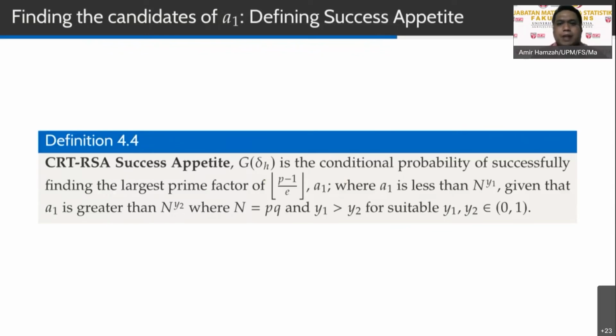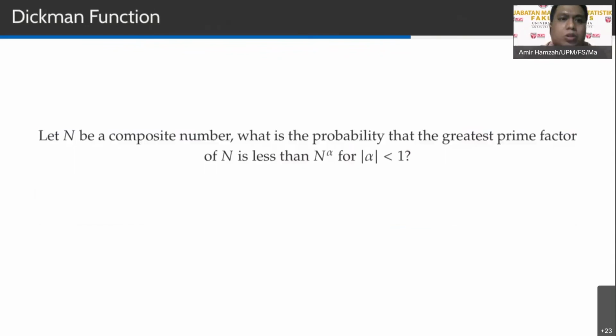However, by defining our success appetite, we define it as the conditional probability of successfully finding the largest prime factor A1 of (p minus 1) over e, where A1 is less than n to the power of y1. By having this success appetite, we must use a function called the Dickman function.